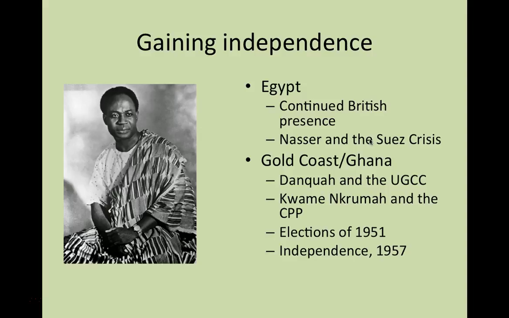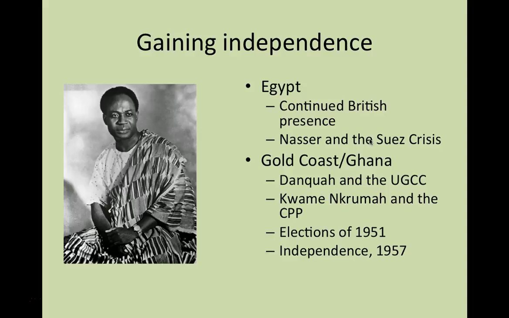But Kwame Nkrumah emerged. He had initially been part of the UGCC, but had alienated himself due to his radical views. He emerged at the head of the Convention People's Party, a rival party, as early as the late 1940s. Seeing him as a radical threat, the British actually arrested him and imprisoned him. But this only contributed to the popularity of the CPP.